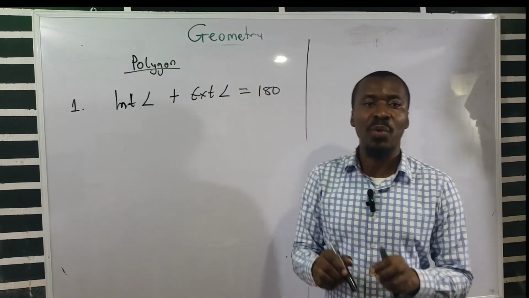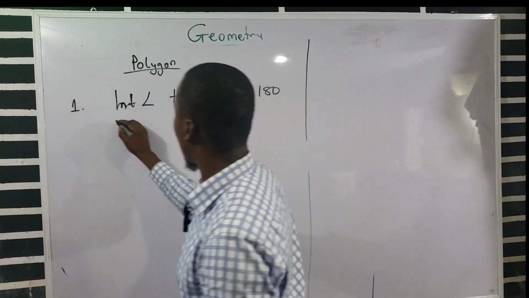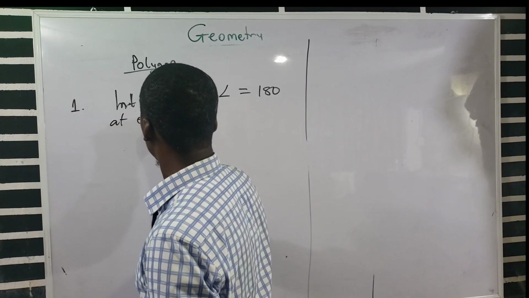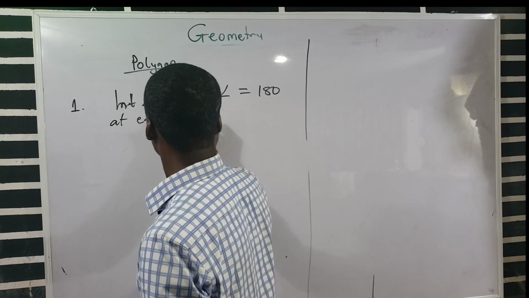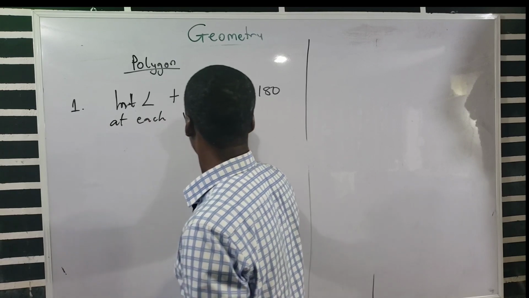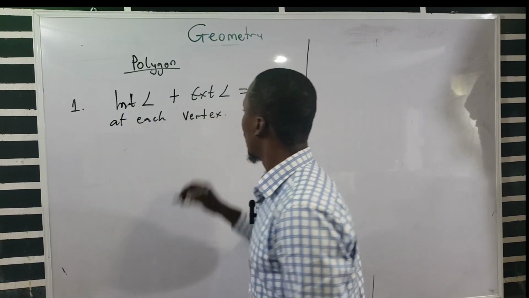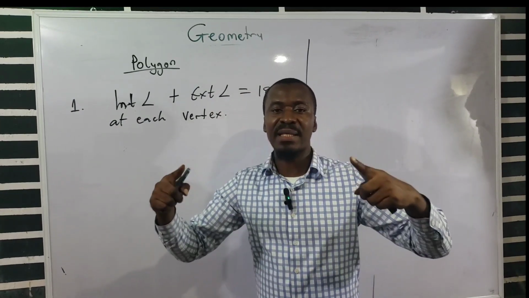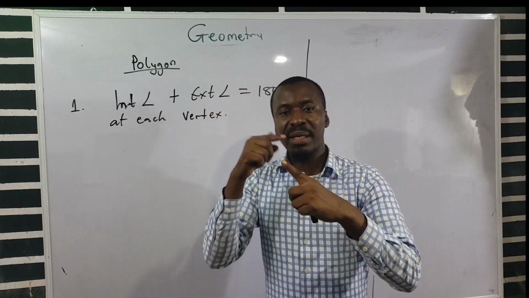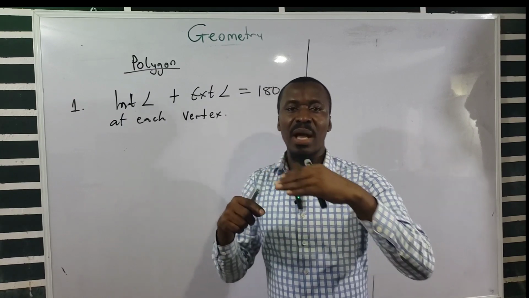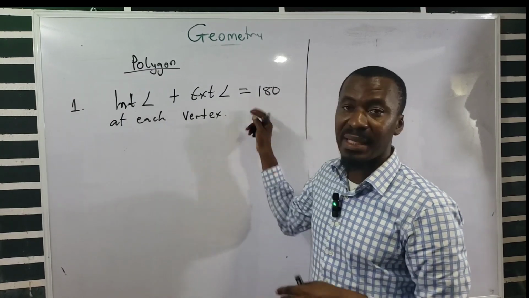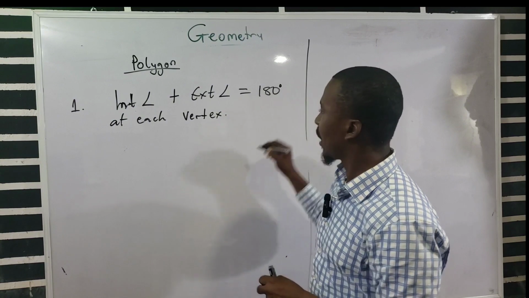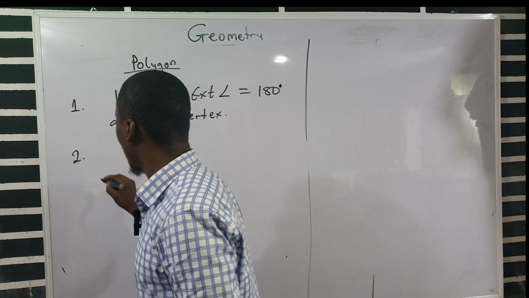So at each vertex, at each point that the two lines are joining together, the interior angle and the exterior angle must give you what? 180 degrees.